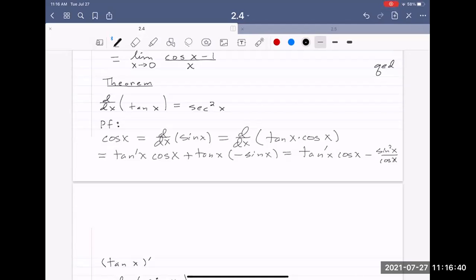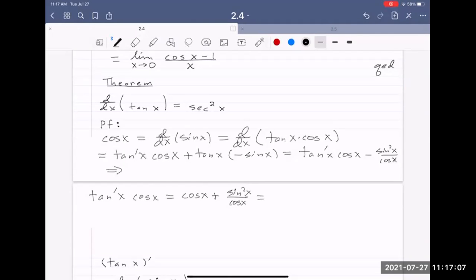And so tangent prime of x cosine x is equal to cosine x plus sine squared x over cosine x.